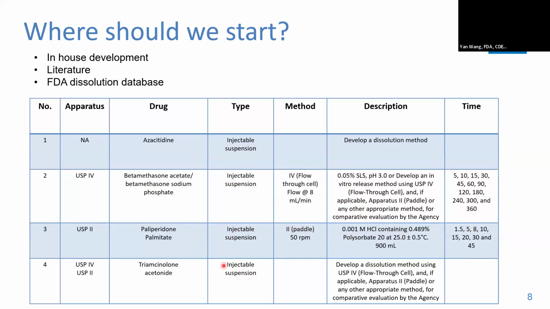Then lastly, in this case, triamcinolone acetonide, we don't really give anything very specific in terms of the experimental conditions, but we do provide a general recommendation that you may consider USP 4 or 2 if applicable, but we are also open to any other methods.